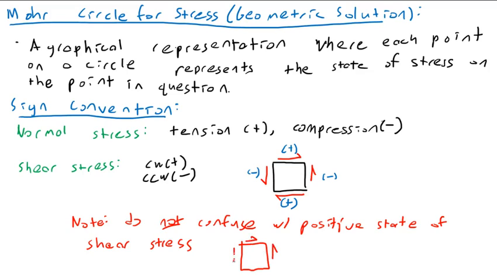When you have a system like this, we say that we are in positive shear. When you have the Mohr circle, if you have a shear stress above the axis, that means you have a shear arrow here or here, and below the axis here or here. So definitely read up about that in the book for further explanation.